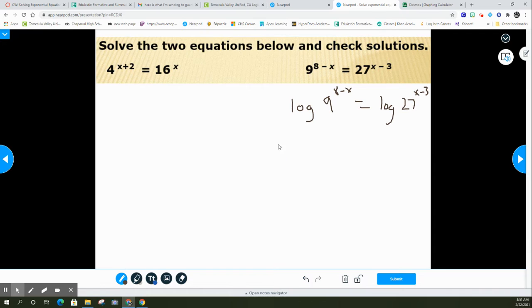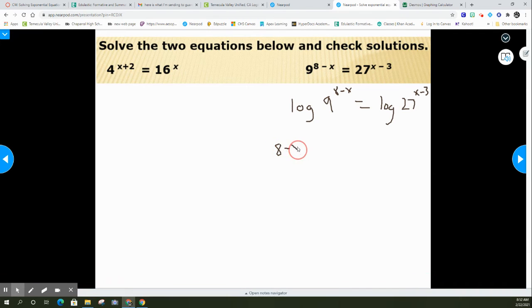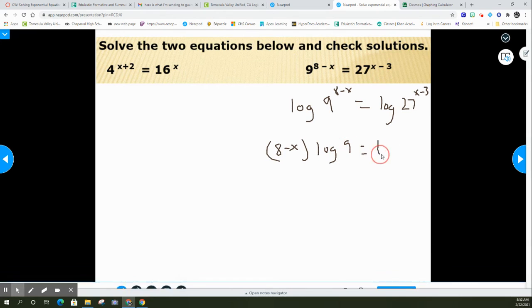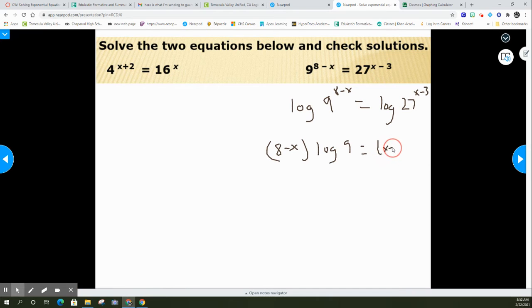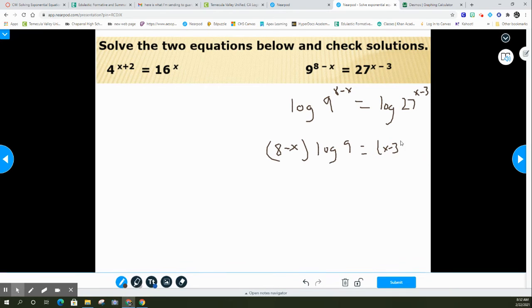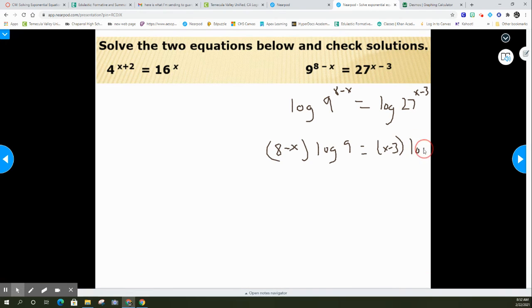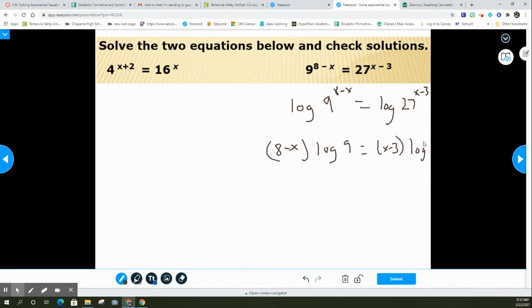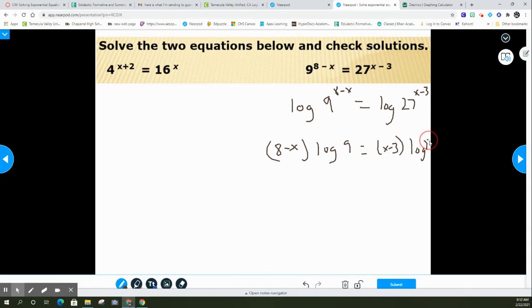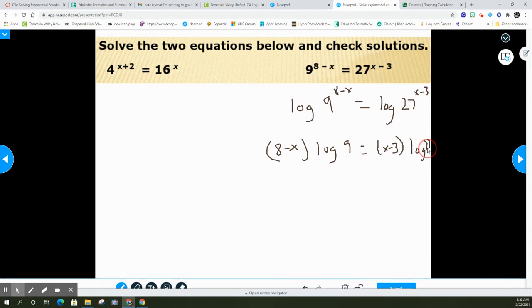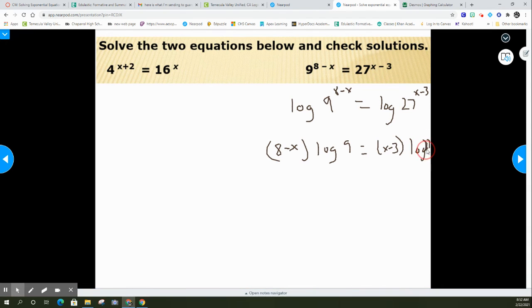So the 8 minus x can go in front. The x minus 3 can go in front because it's just being multiplied. And sorry for my sloppy handwriting, that's a 27.